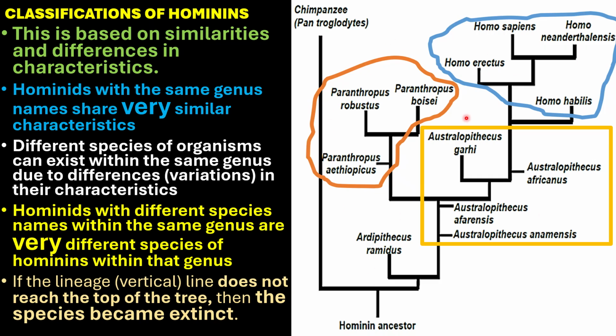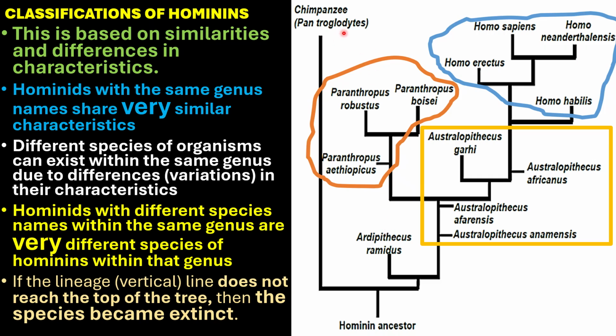So in this chart, how many genera do we have here? Can you guess? This is one genus, one genus, one genus. There is one genus here, there's one genus. So over here we have 1, 2, 3, 4, 5. So there are 5 genera here. How many species do we have?